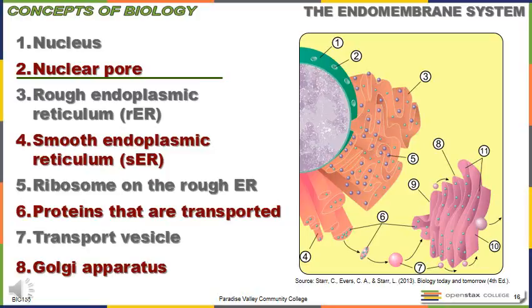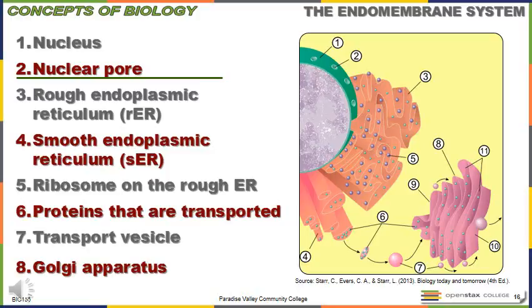structures called the ribosomes. The endoplasmic reticulum in the lower left does not have ribosomes on the outside. The one thing I don't like about this picture is that it does show ribosomes on the interior components of the smooth endoplasmic reticulum in this lower left area, but you'll notice that the ribosomes do not appear on the outer folds of the endoplasmic reticulum, so this particular portion of it is called the smooth endoplasmic reticulum.